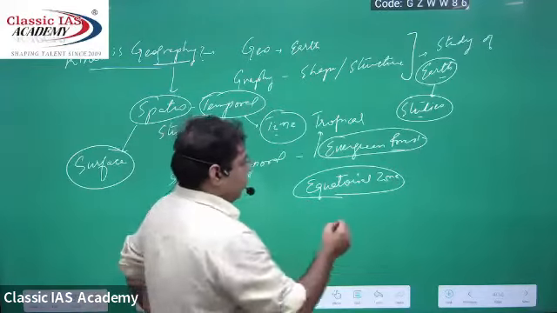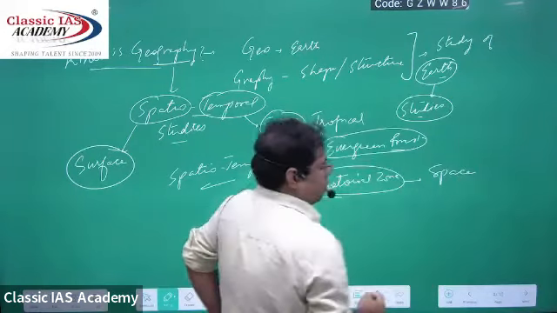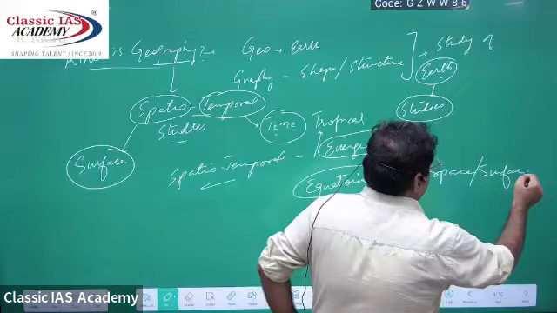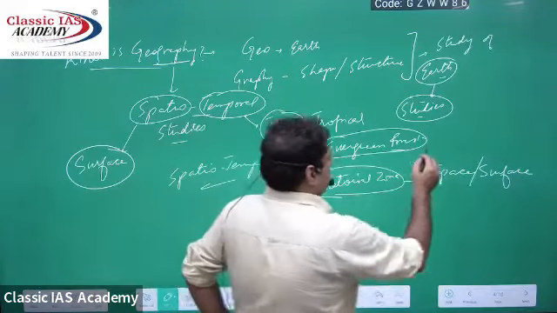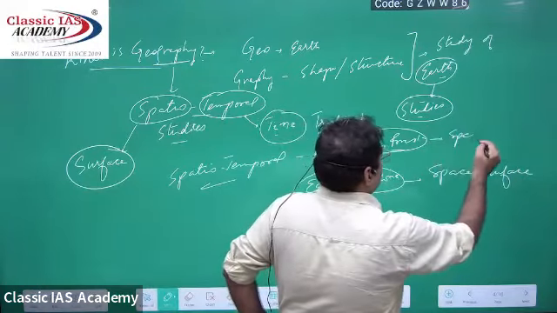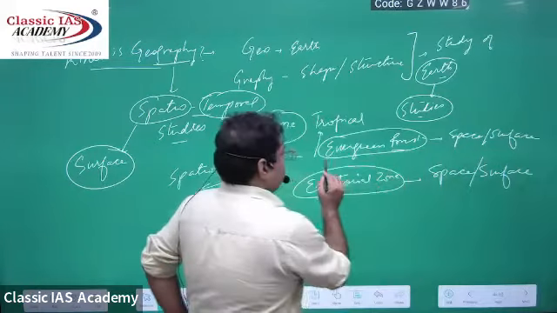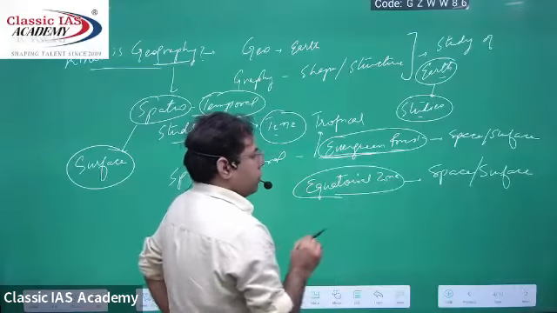The equatorial zone is a space or surface, and India is also a space or surface on earth. But the varieties and characteristics of evergreen forest in the equatorial zone are different from the tropical evergreen forest in India.